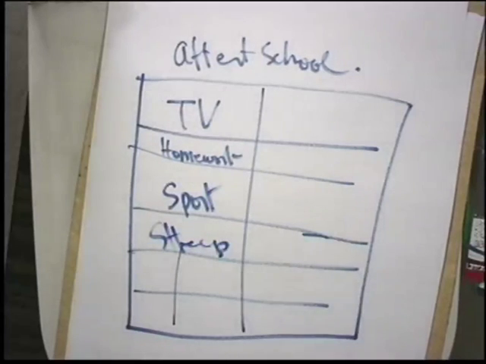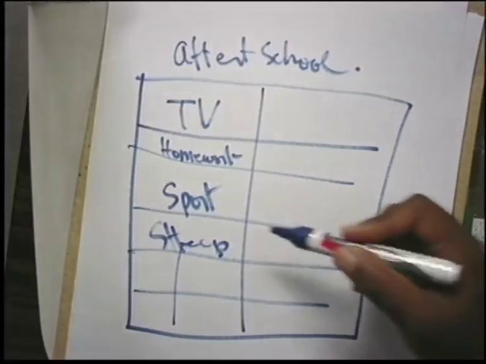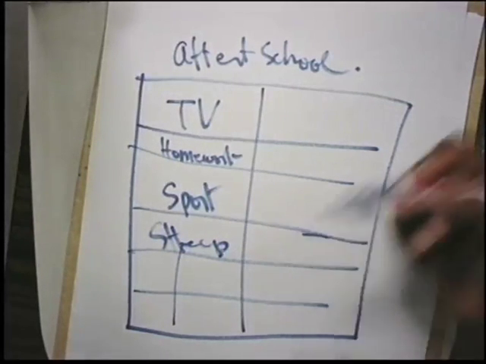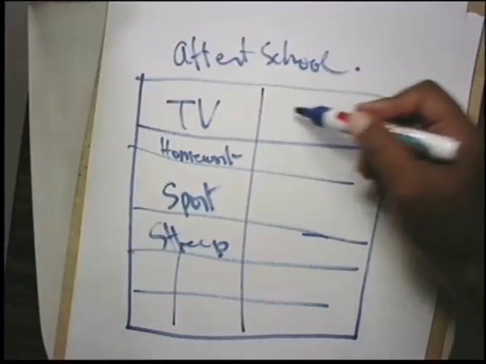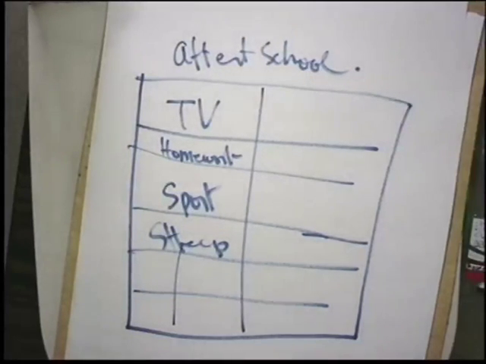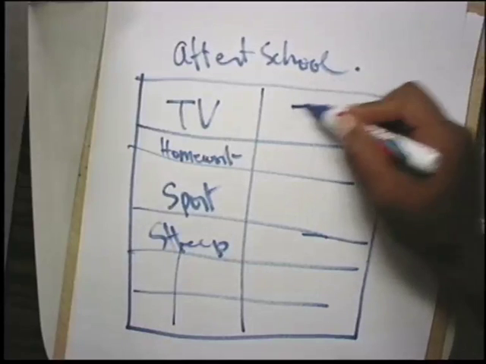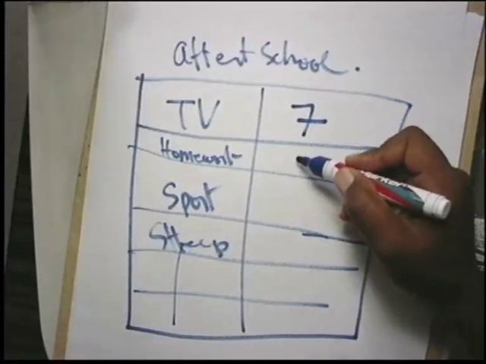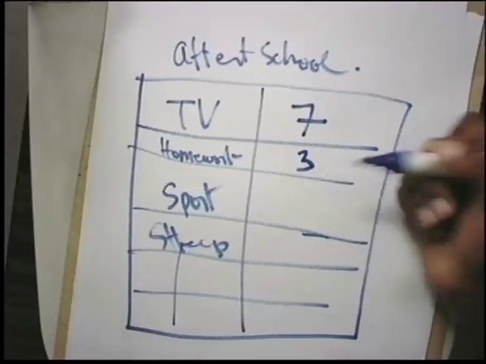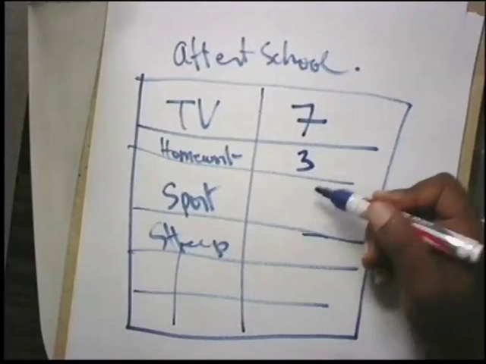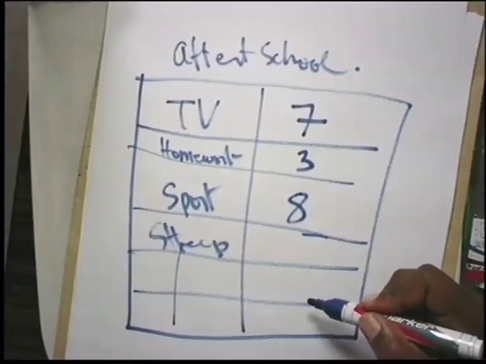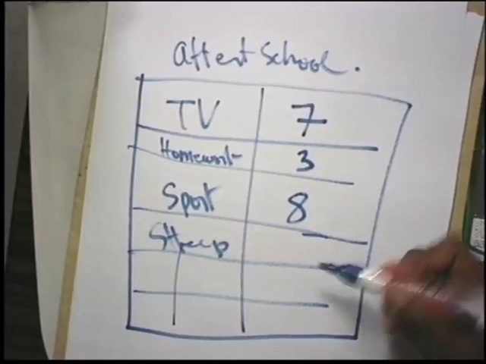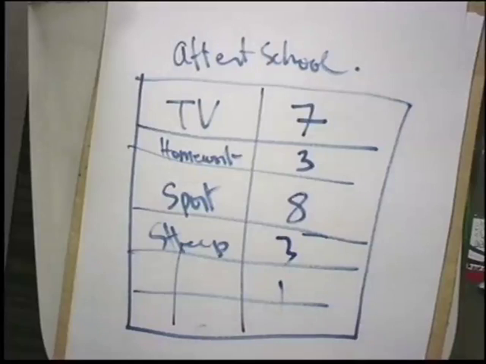Now after that you need to put the values in. How many are watching TV? You go to the graph and you see that on TV there are 7 learners who are watching TV after school. Those who are doing homework, there are 3. Those who are doing sports, there are 8. And those who are sleeping, there are, for example, 3, and so on, and you can continue.